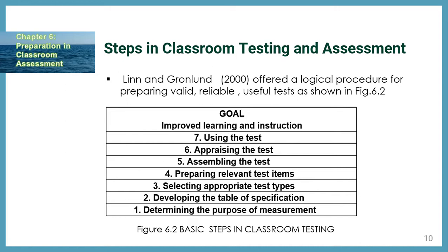Second, you develop the table of specifications. Third, you select the appropriate test types. Number four, prepare relevant test items. Fifth, assemble the test, then appraise the test. And seventh, you use the test.